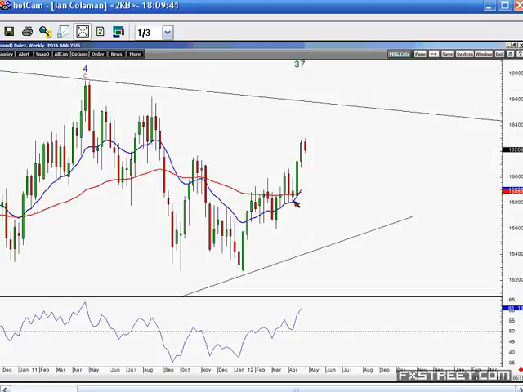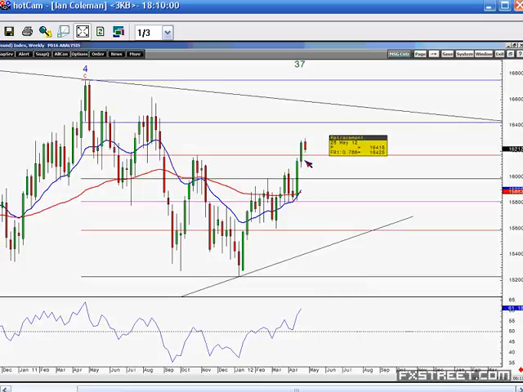So here, the inside army holds this support level, holds the 50, breaks the high, and obviously the market has continued to the upside. It is an aggressive push with good retracements. We're in between 61.8 and 78.6, so that doesn't really give us many clues at the moment.